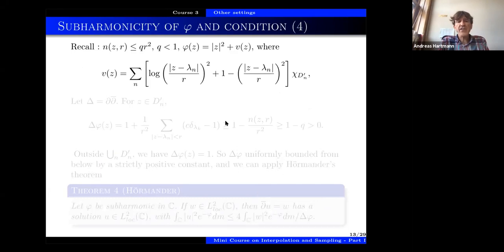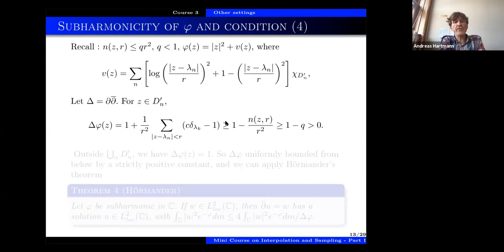So as I said earlier, now we have to ensure the estimates on B. So in order for our new weight phi, which is phi z, written here, to be subharmonic, I have to compute the Laplacian and see if it's positive.